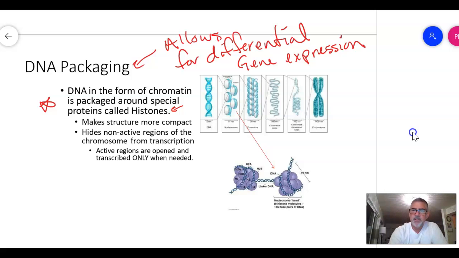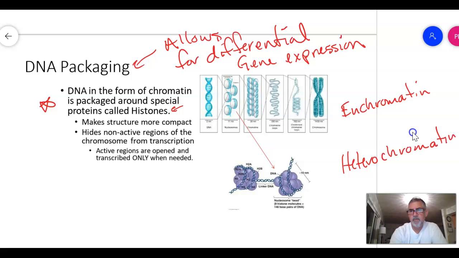But what we get is, we get euchromatin and heterochromatin from this packaging. So euchromatin is loosely packaged.